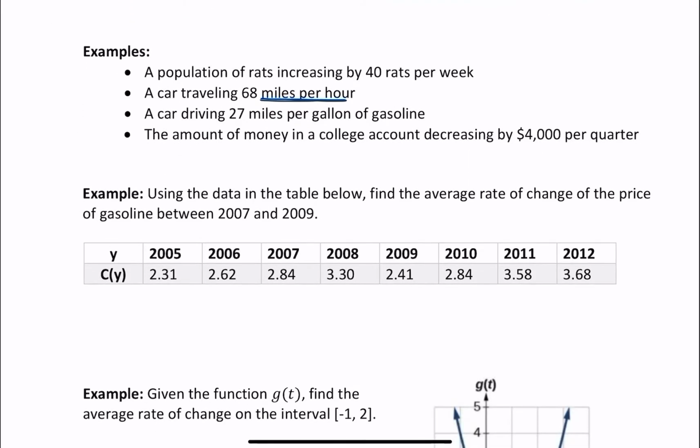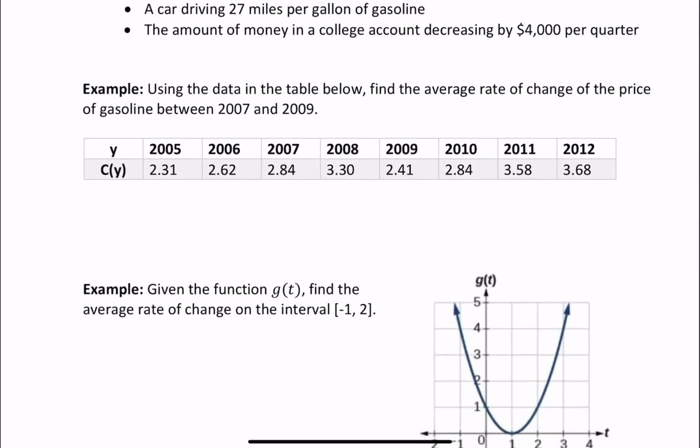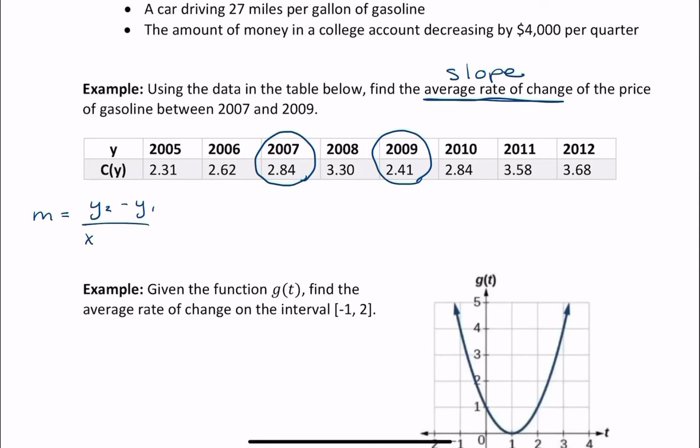So here it says use the data in the table below, find the average rate of change, which means we're going to find slope of the price of gasoline between 2007 and 2019. So I'm looking at these 2 points, and I'm going to do y2 minus y1 over x2 minus x1.